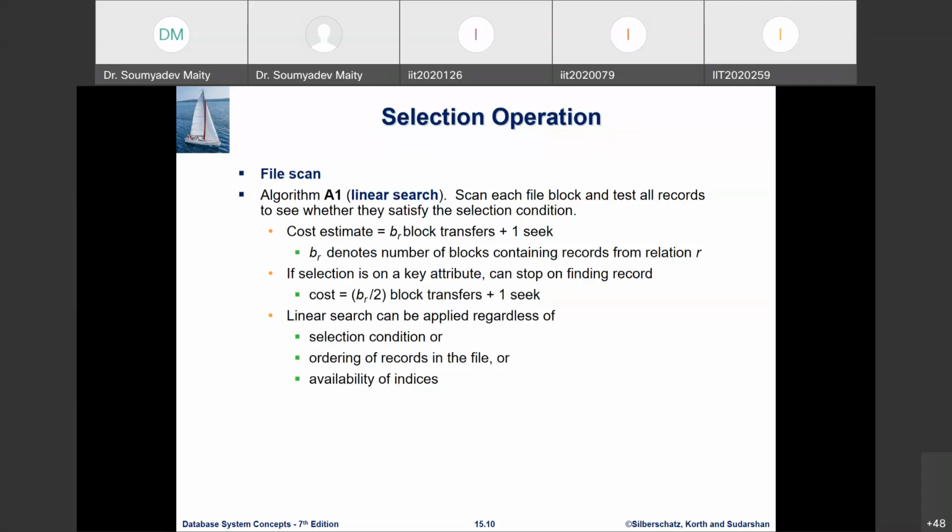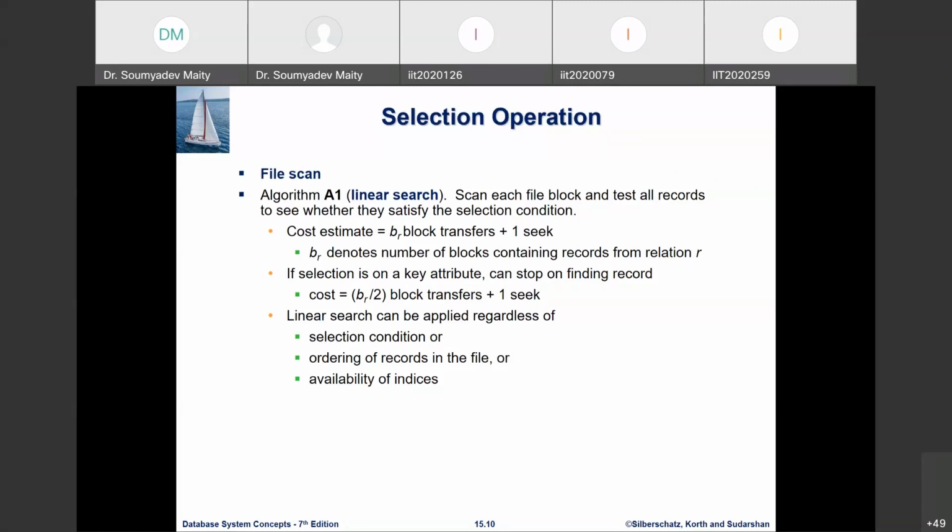First, the number of block transfers that would be required, the number of blocks that we would need to transfer from the disk to the main memory. And second, the number of seeks, that is, arm movements. That arm I have shown just now. How many arm movements, seeks, will be required? These are the two factors.